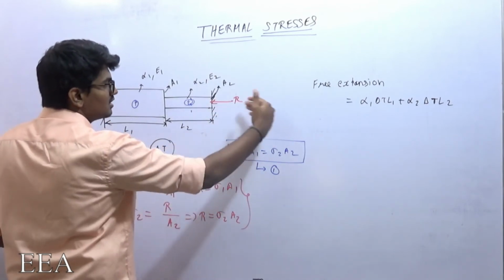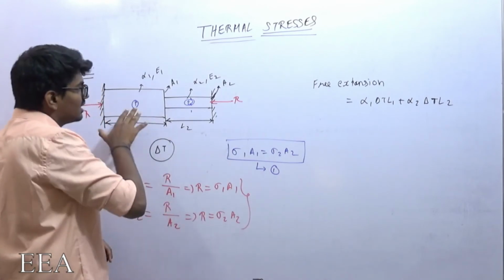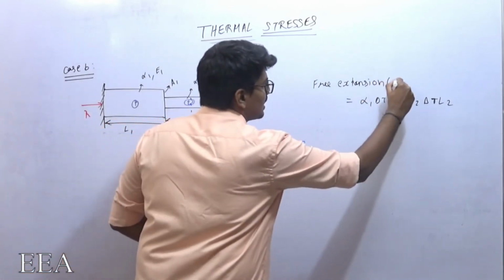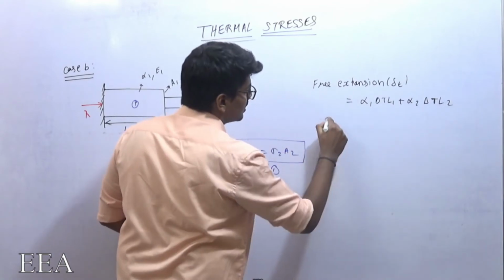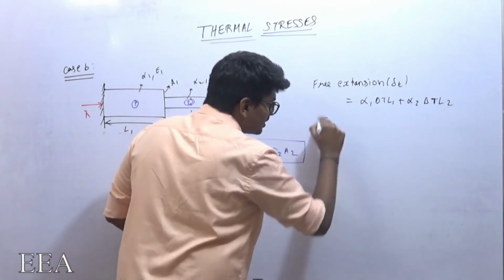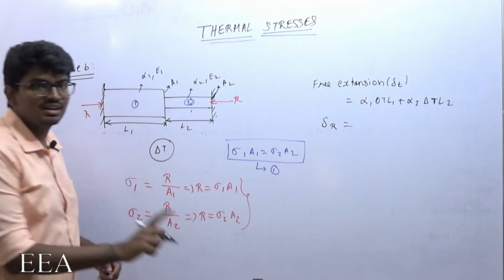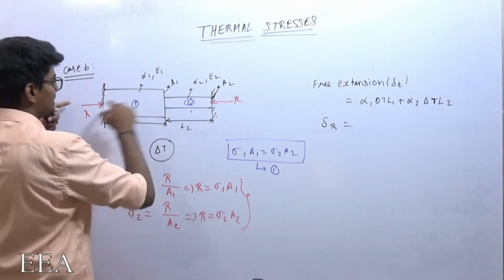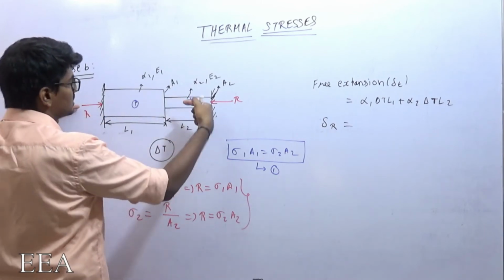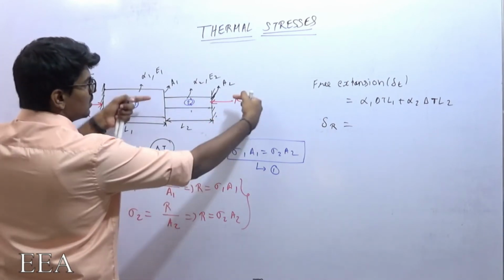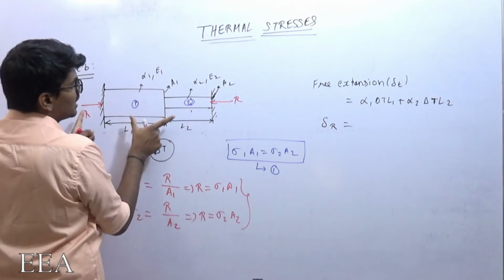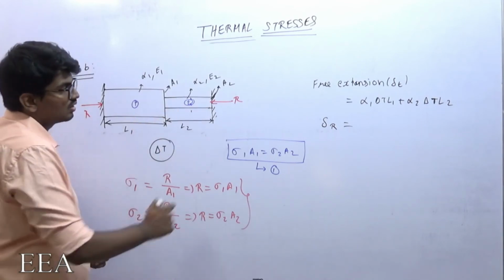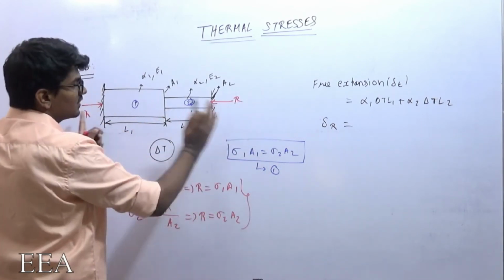So the total restriction, the deflection restricted, is how much it is getting restricted. Due to this axial load, due to this load R, there was some restriction, a compressive load, right? So total free expansion is getting restricted.